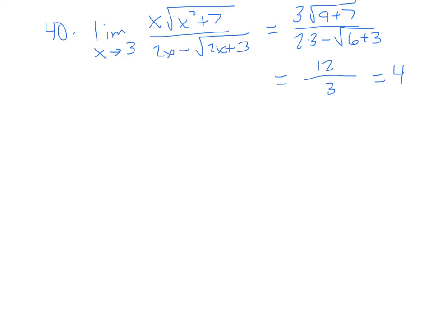Whew, we lucked out. The value of this limit is 4, and all I had to do was plug the 3 in to find it. So it sounds like substitution is going to be a good way to go. Unfortunately, what happens is we run into some weird things like indeterminate forms, and so now we need to talk about some of those.